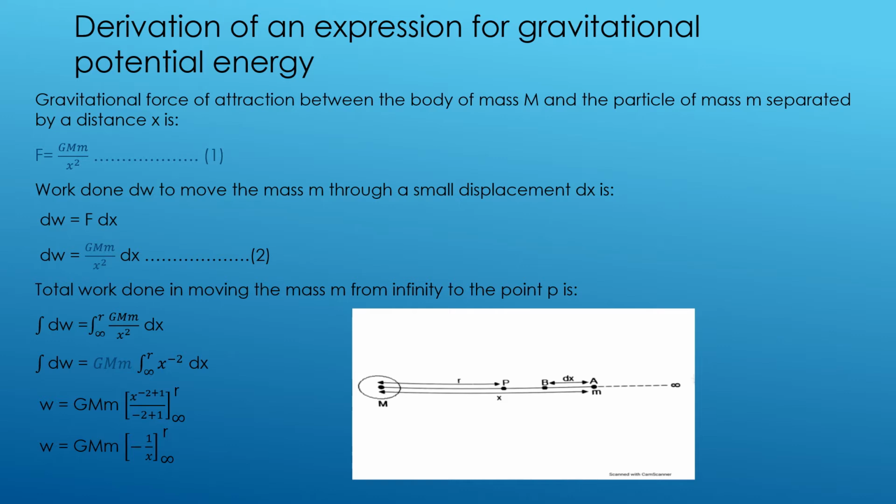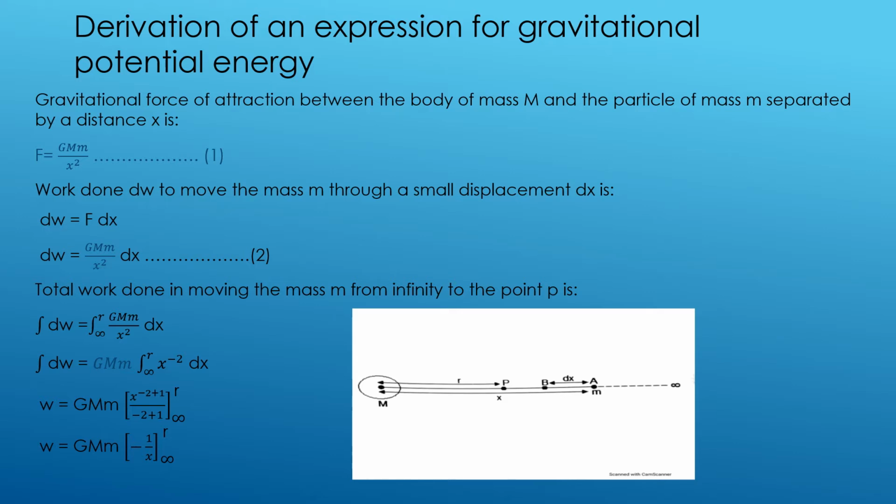Next, the work done on the particle. For this, the mass small m is displaced from A to B through a small displacement dx, as you can see in the diagram.